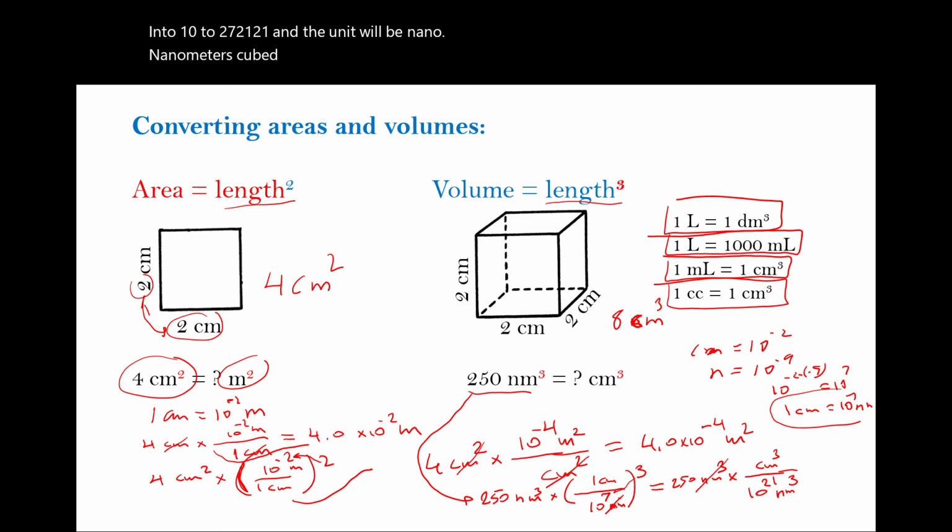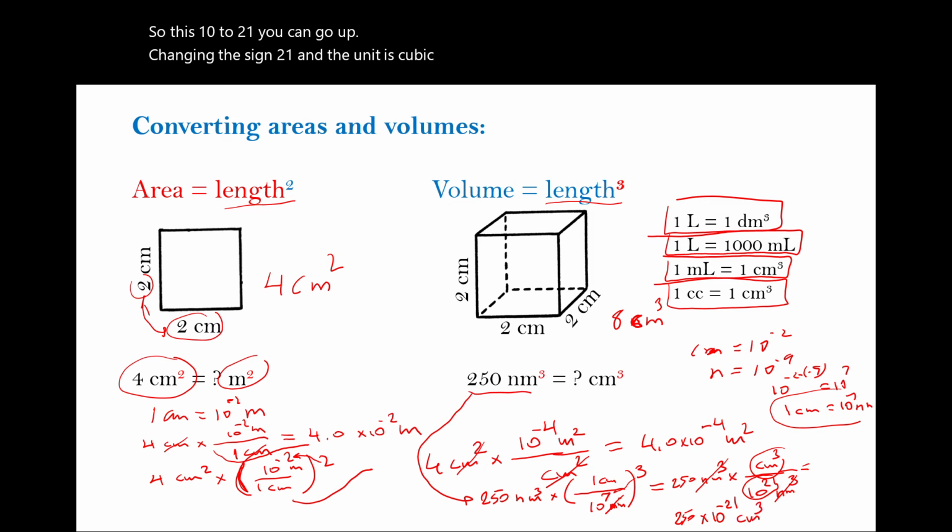So now we can cancel out the unit, and your answer will be 250 times 10 to the negative 21, going up changing the sign, and the unit is cubic centimeter.